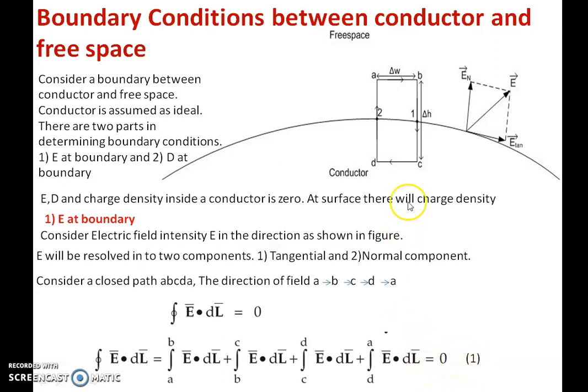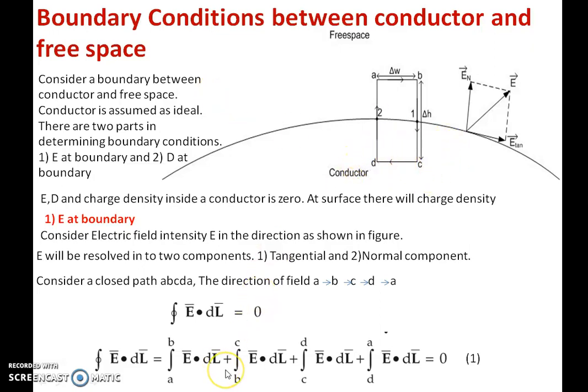Now if you observe this path C to D, it is in the conductor. So C to D is in the conductor. Inside the conductor, as the property of the conductor, charge is 0. If the charge is 0, then the field inside the conductor is also 0. So the field corresponding to C to D is 0.